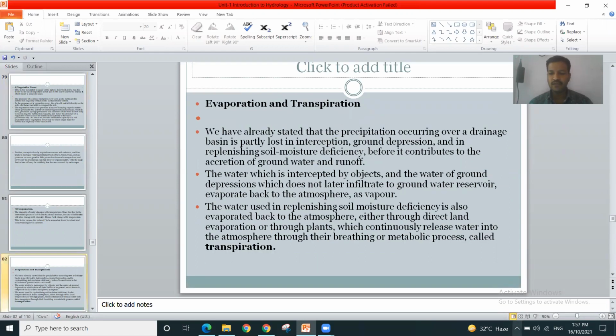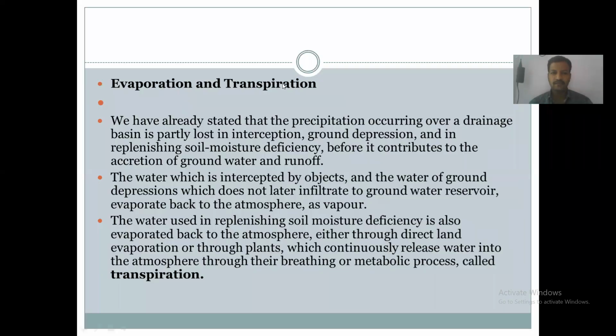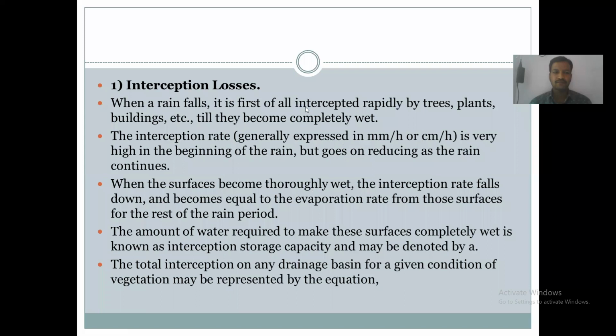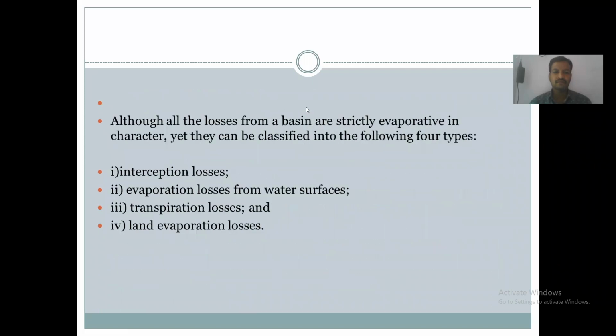These are the two terms related to the hydrologic cycle, evaporation and transpiration. Any difficulty in this? Please ask. Anyone else? Any difficulty? No, sir. Okay.